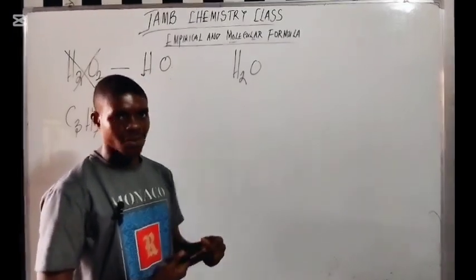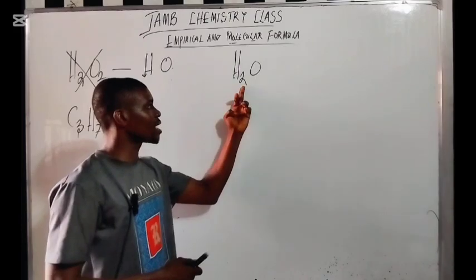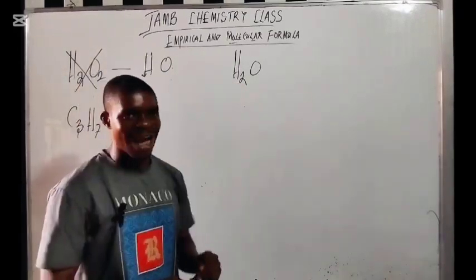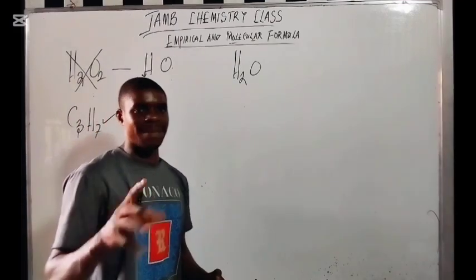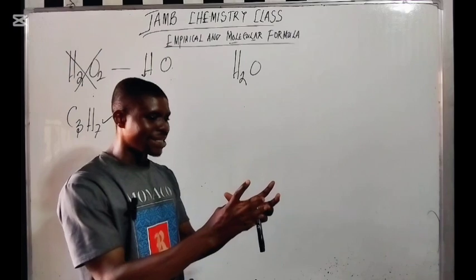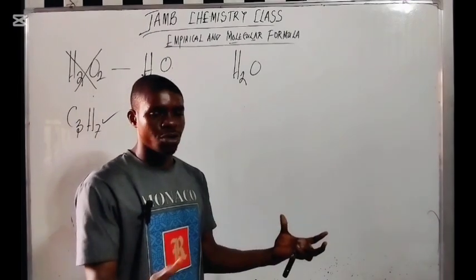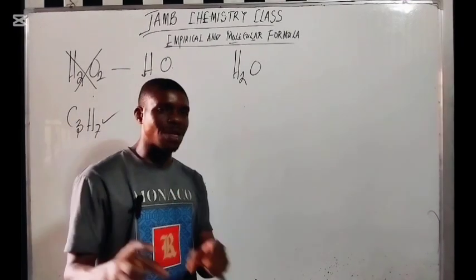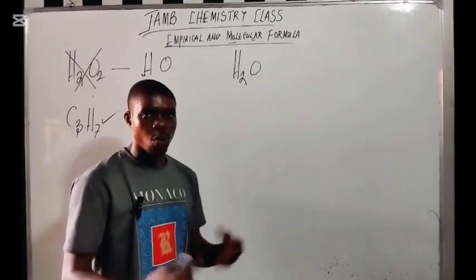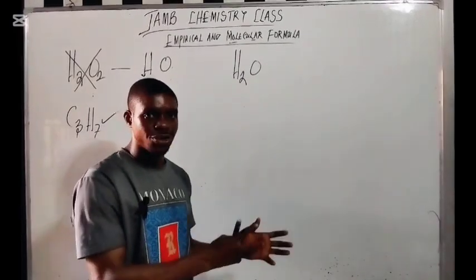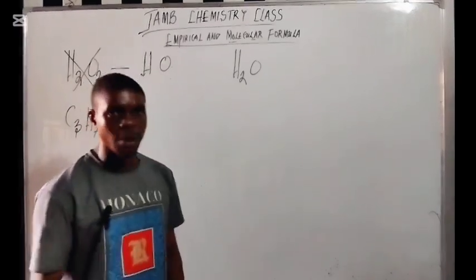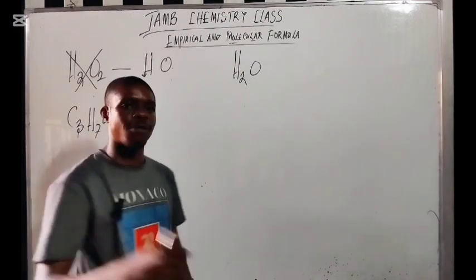The answer is no. So does it mean that water only has an empirical formula? The answer is no. This is the molecular formula of water, and it is also the empirical formula of water. It means there are some compounds whose molecular formula is the same as the empirical formula. Water contains 2 atoms of hydrogen and 1 atom of oxygen. This is the molecular formula of water, and it is also the empirical formula of water.